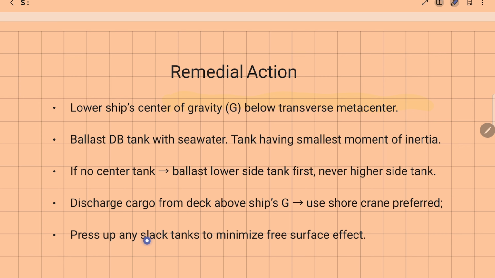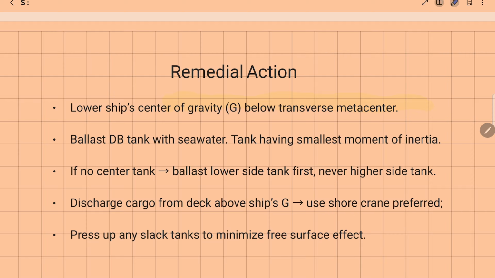At the same time, if there are any slack tanks, the free surface can be minimized. That will also help to bring the G down. If your ship is still near the port and you can discharge cargo from deck, meaning above the ship's center of gravity, you must preferably use a shore crane.